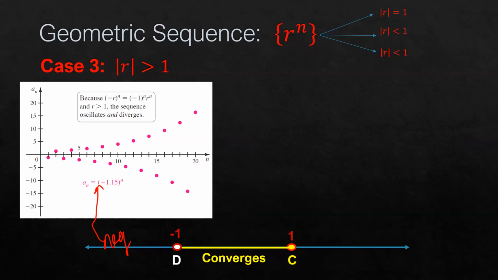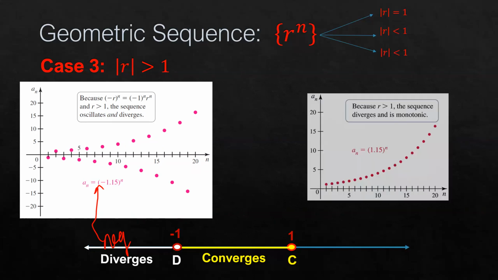So the values get larger and larger as you go, right? So then this is definitely not only oscillating, it is getting larger and larger. So that sequence diverges.